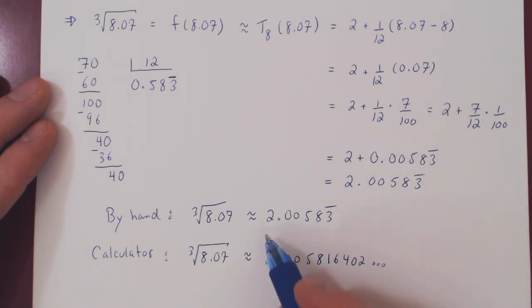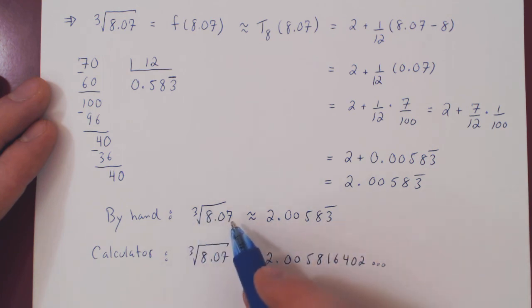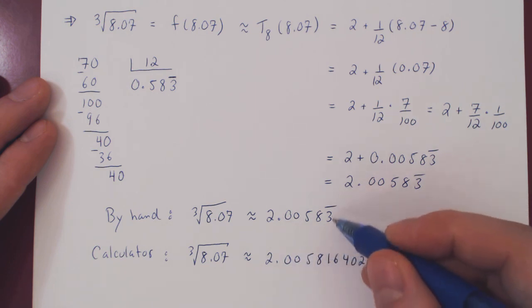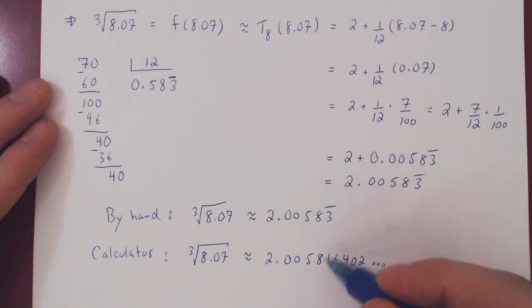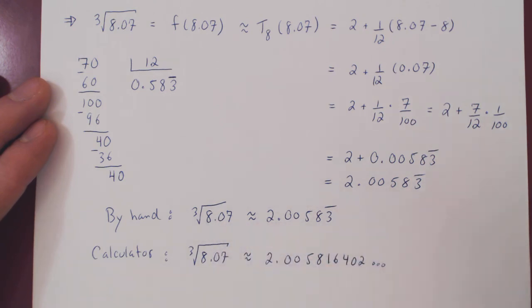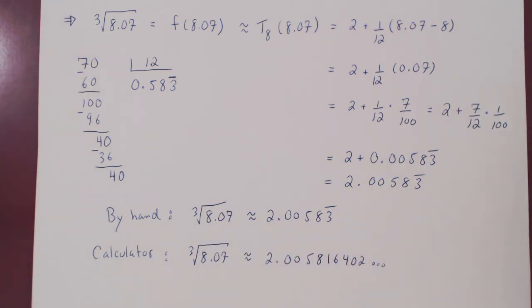But you can see again, our approximation by hand to the cube root of 8.07 is very close to the exact value, right? The first 1, 2, 3, 4 decimal places are accurate, and then we're off at the 5th decimal place by about 2. But this is still really good, again, given the fact that this was obtained by hand. And that's it. This is a linear approximation.